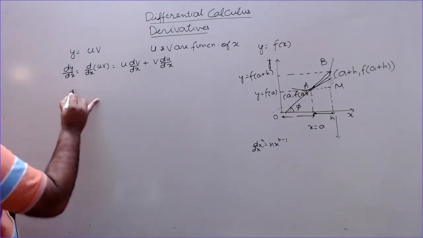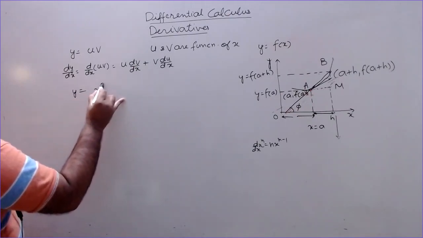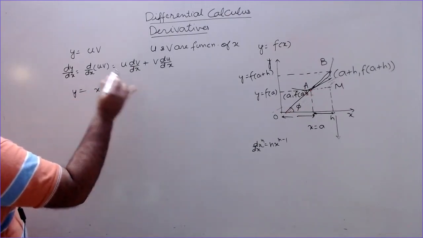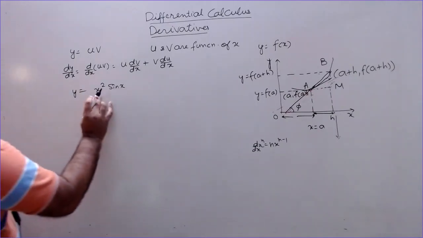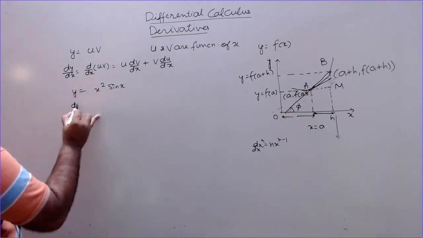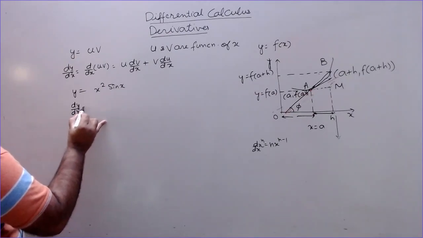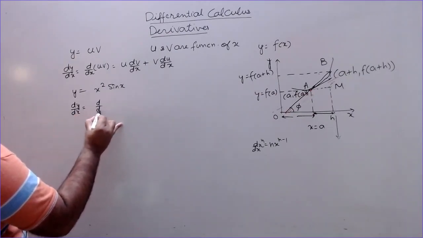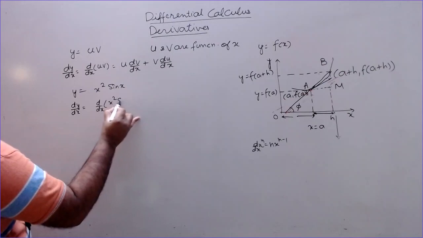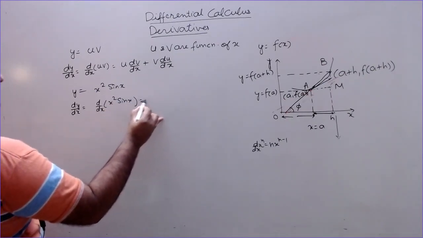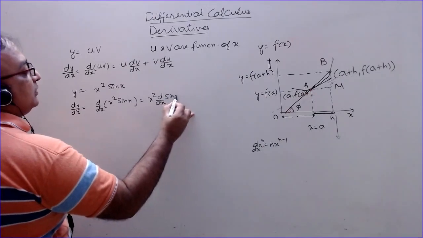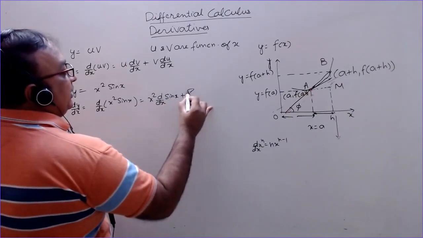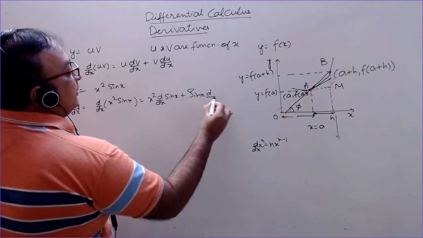Suppose y is equal to x square sin x. So this is u, this is v. I can write dy by dx is d by dx of u into v. So this is u into d by dx of v, plus v into d by dx of u.